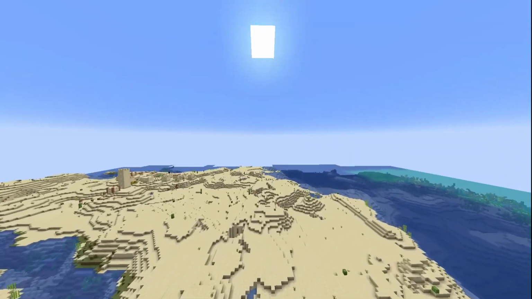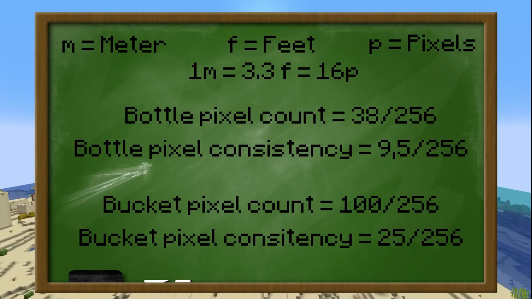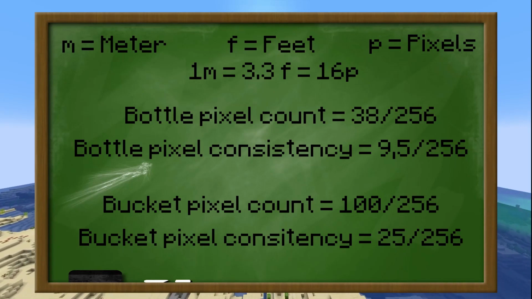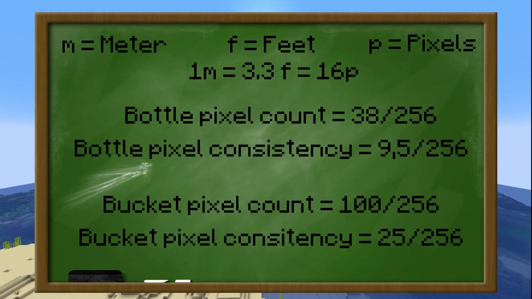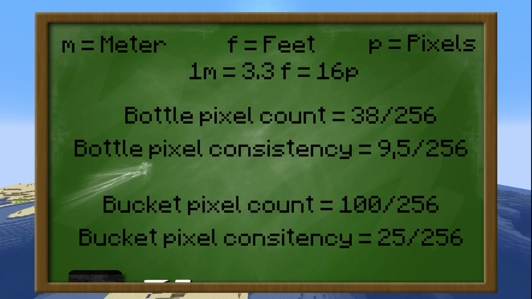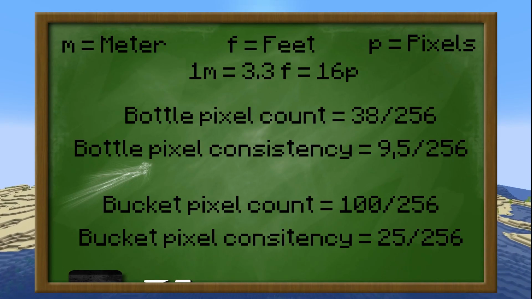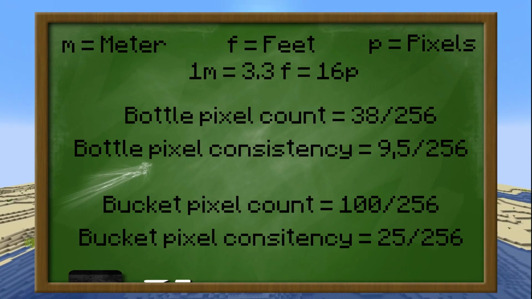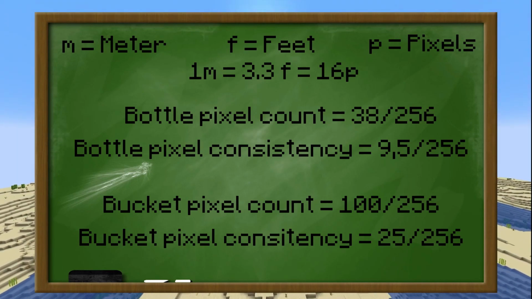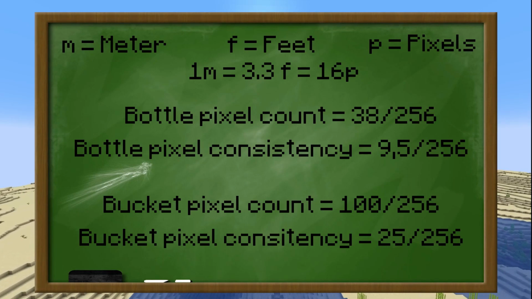Okay, so some of the calculations will be shown here, and I will point out all the bottle calculations and the bucket calculations, because they have 256 in the calculation, and that is because the bucket and the water bottle are only 1 pixel deep, so I will only count 16 by 16 of a block, which is 256.